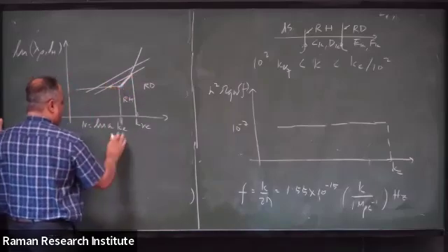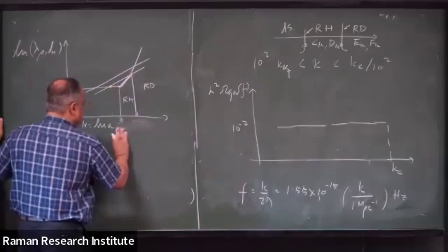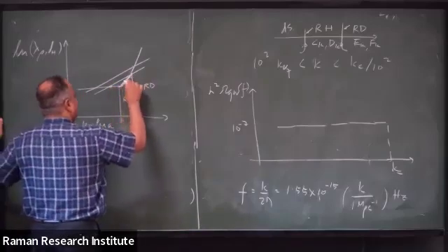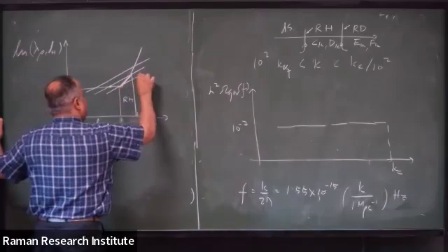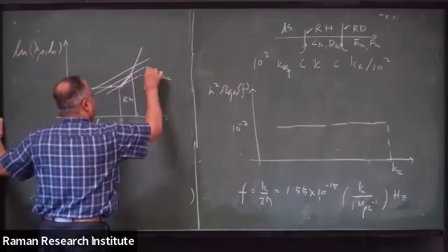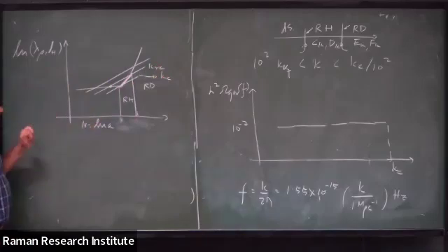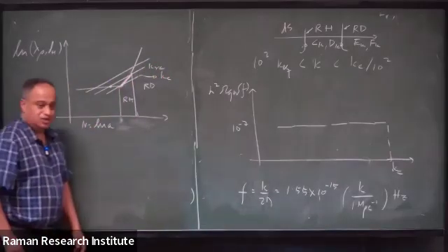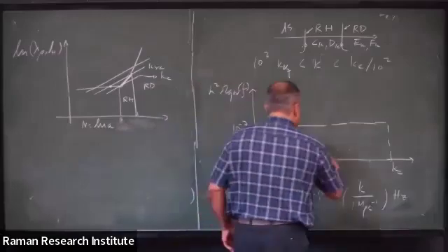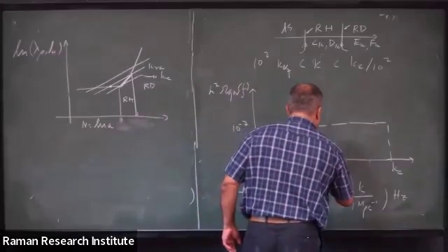KRE leaves at an earlier epoch. This mode is KRE. This is KE. And KRE is smaller than KE.